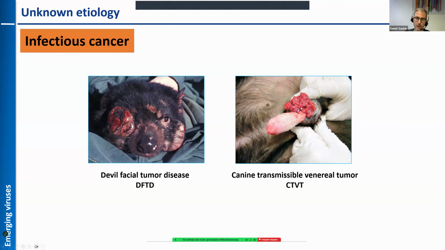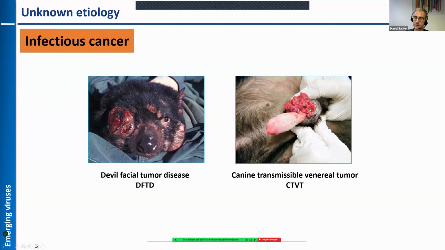of years. And for the dog, this is a very similar situation. So here it's the canine transmittable venereal tumor. So this is transmitted sexually, so it affects the sexual organs, the genitals, and during sexual intercourse or mating, these tumor cells can be transmitted from one individual to another.